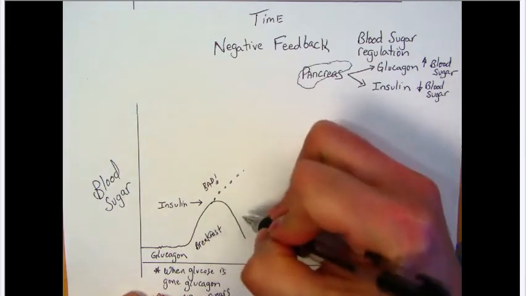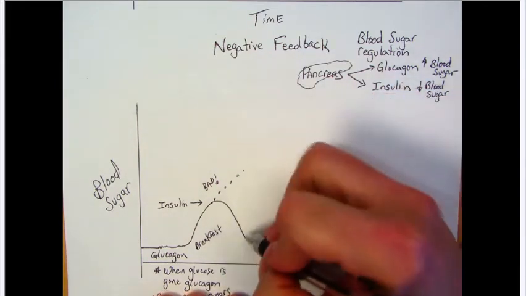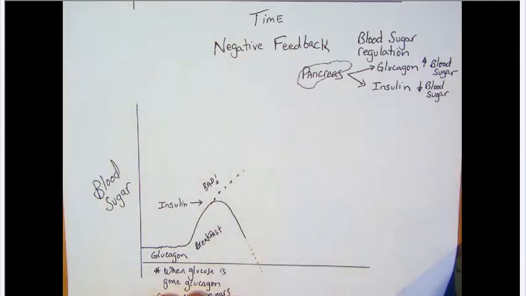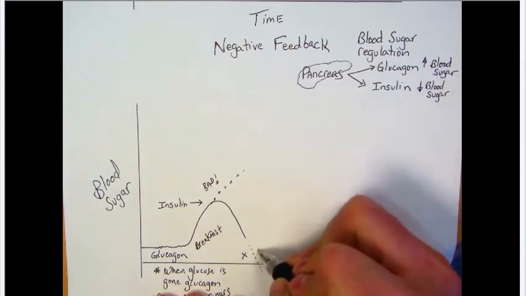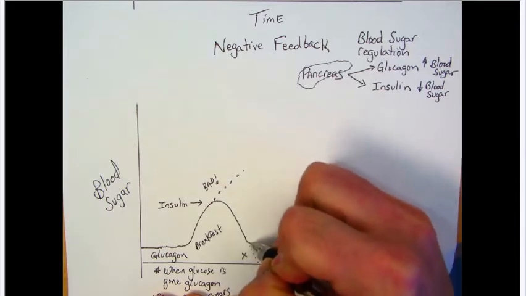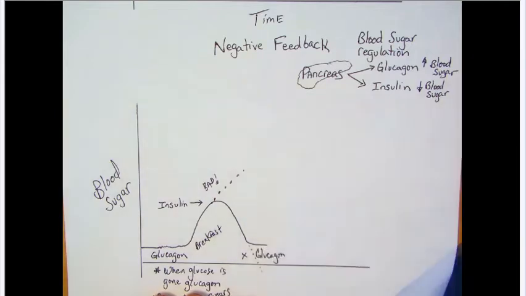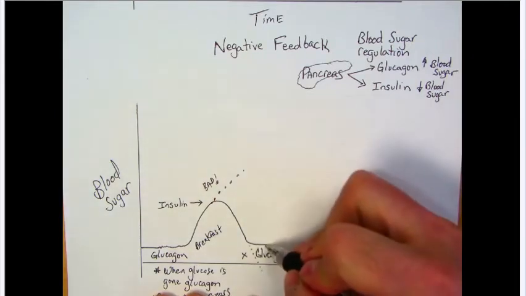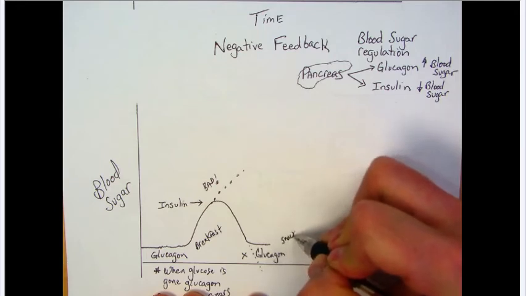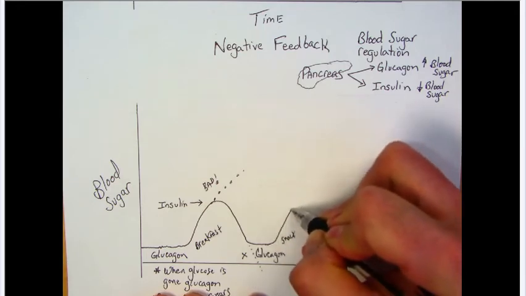And so, as that blood sugar value goes lower and lower, that's bad. When glucose is gone, glucagon is going to be secreted again, keeping you okay until you have a snack and your blood sugar goes up again.